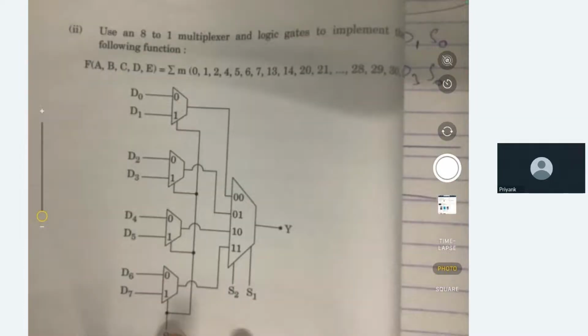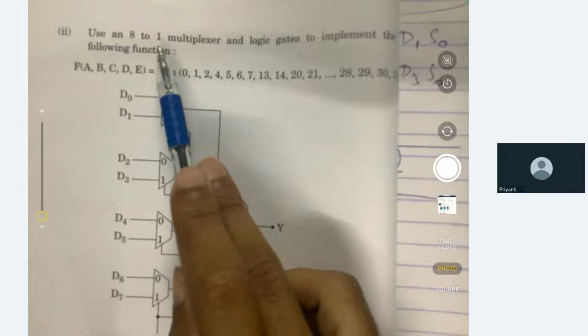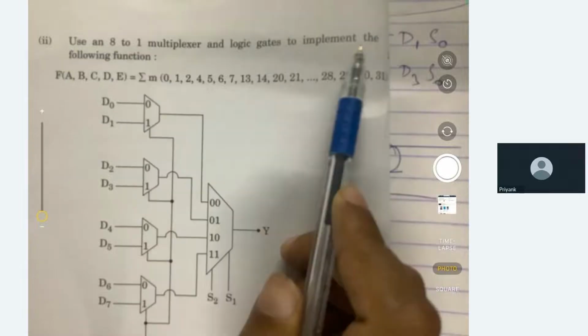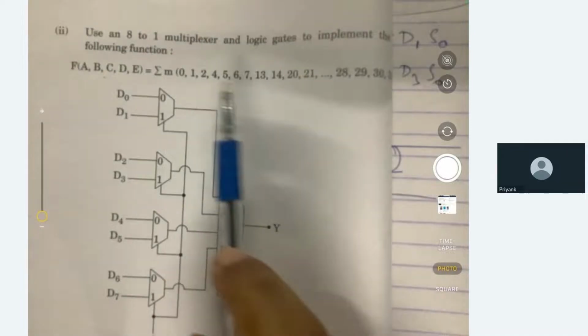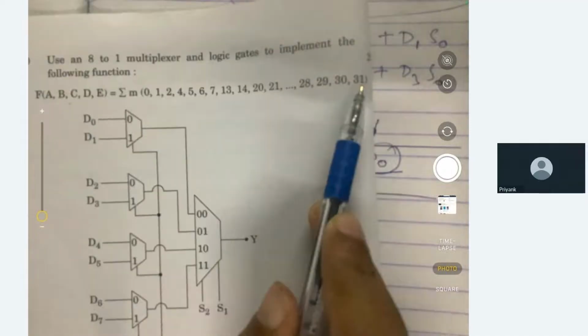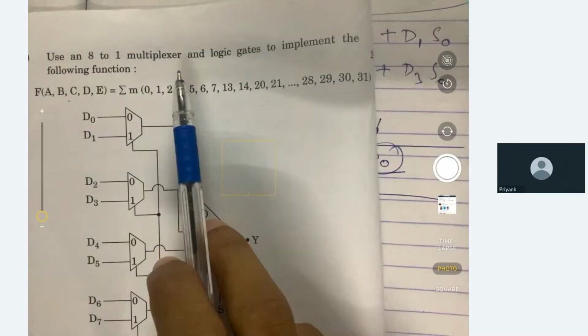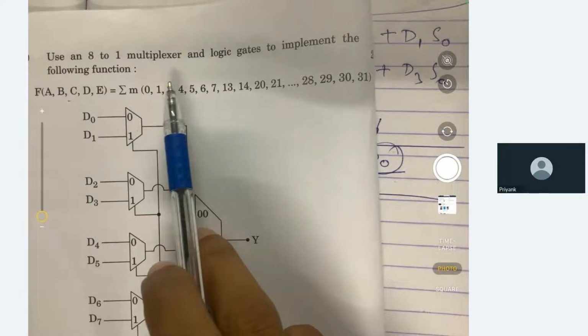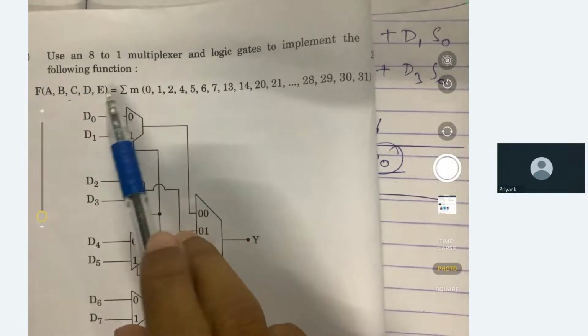Use an 8x1 multiplexer and logic gates to implement the following function. The function is required to be solved using an 8x1 multiplexer. This question is easy if we first make the truth table. The truth table will have 32 elements.